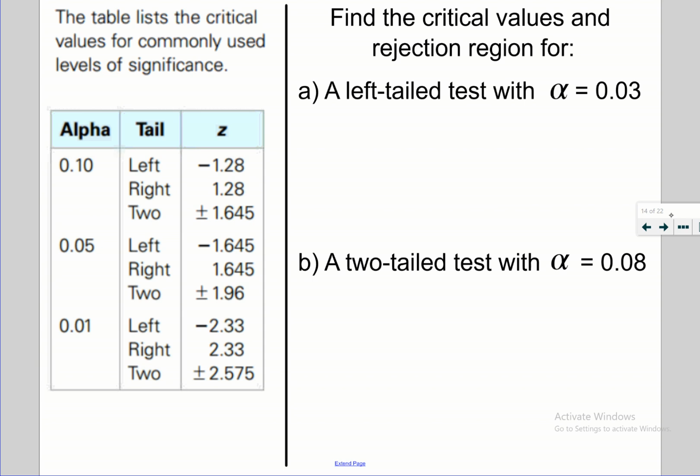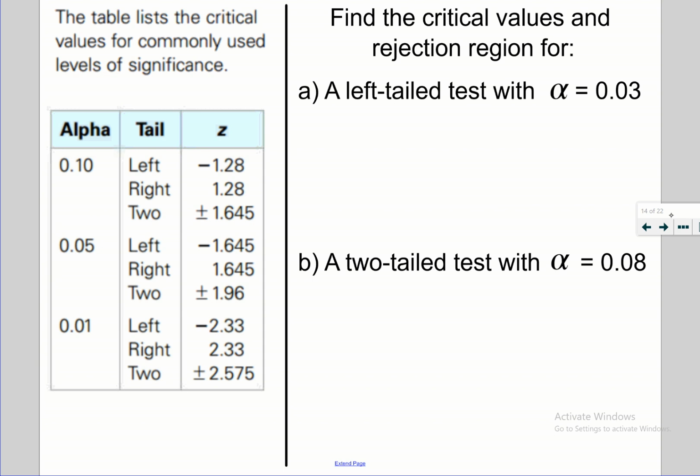I don't care which side of it, either the positive side or the negative side, but put it on your z-score chart on one side where you've got some space. Okay, so these are the most common values of z that we use for those rejection regions based on what our alpha is and what kind of tail test we're looking at. So get these on there first.